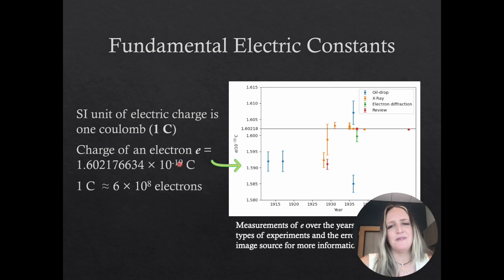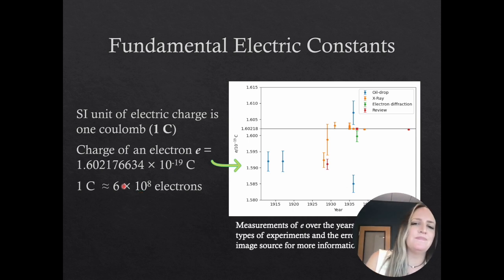The other thing that this slide tells you is the units. What's the unit of charge? Well, the unit of charge is the coulomb, okay? And a coulomb is actually a really big unit. So 1 coulomb is actually equal to about 6 times 10 to the 18 electrons, okay? That's a lot of electrons.